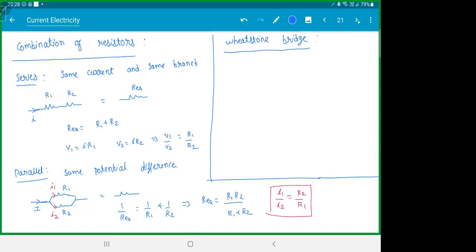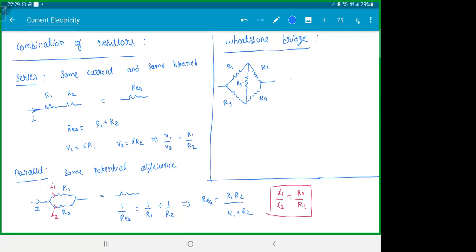Heat transfer, viscosity, capacitors, and this is the current electricity. So this is R1, R2, R3, and this is R4.